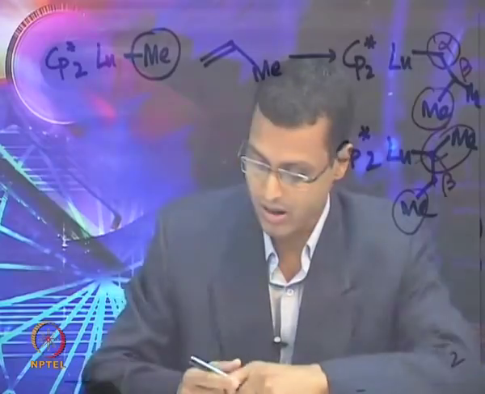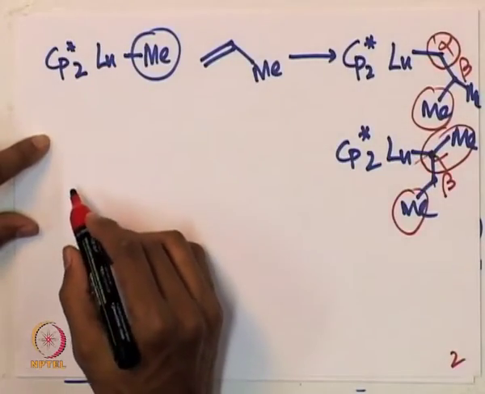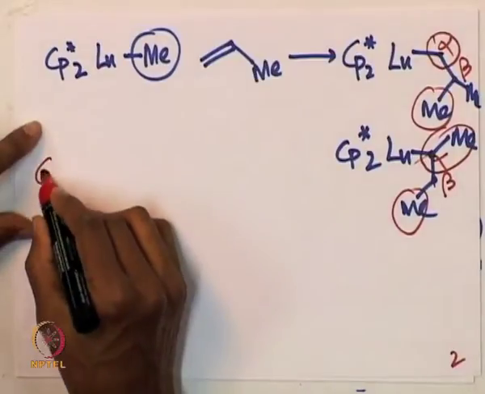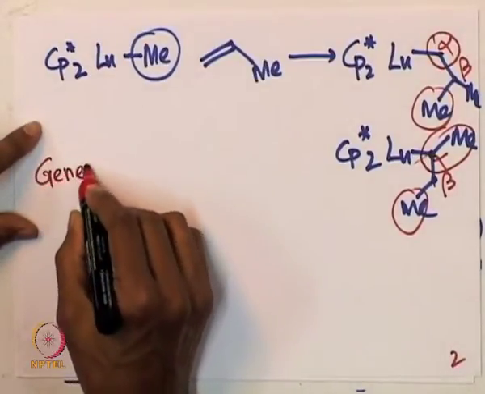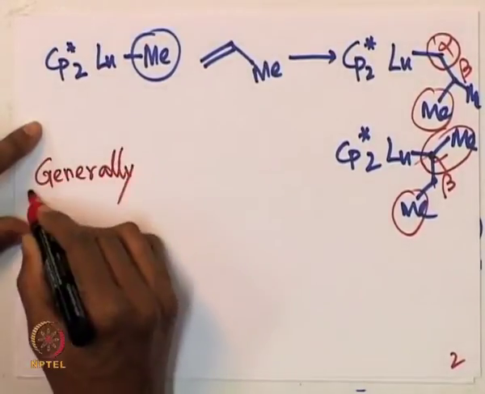Of course, in some cases you can get nearly exclusive product formation. This is mainly due to the fact that metal alkyl species are stable if the alpha carbon center is less sterically demanding. That makes sense, right? So, let us try to write down that fact. Generally, of course, there could be other factors involved.